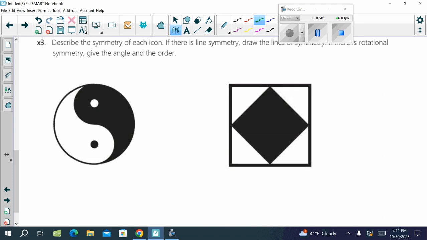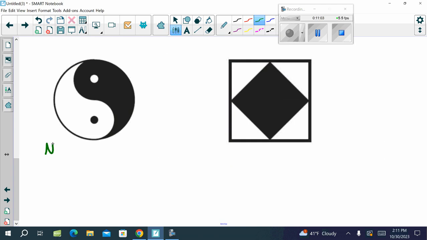What about rotational symmetry? No. Why not? Because it's different colors. Right, the colors won't allow you to rotate and it look the same until it's all the way back to the beginning. Does that make sense? So we have to state that it's got no line or rotational symmetry.